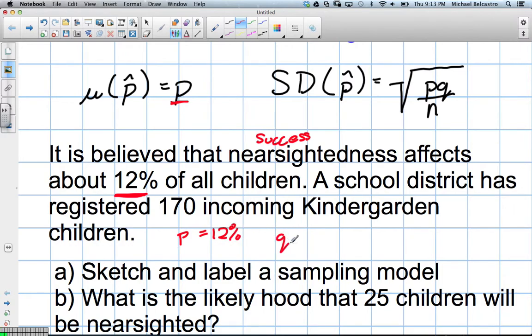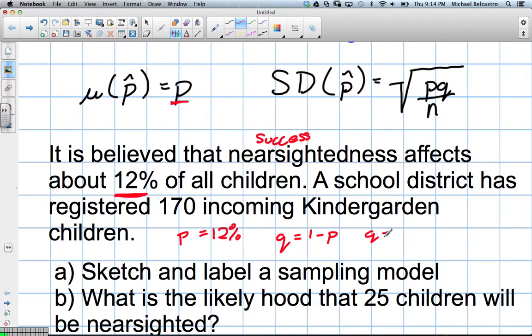Well, Q stands for failures. And since we're talking about percentages, Q is equal to 1 minus P. In other words, not being nearsighted, the complete opposite of that. That would be considered a failure in this test. So in that case, what we do is we turn our percentage into a decimal.